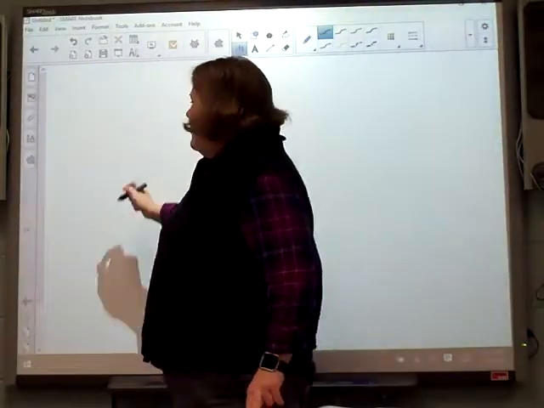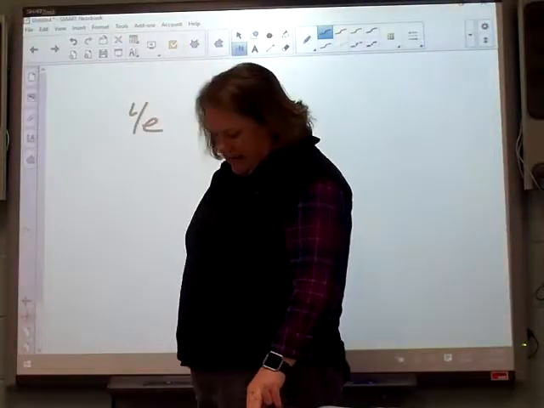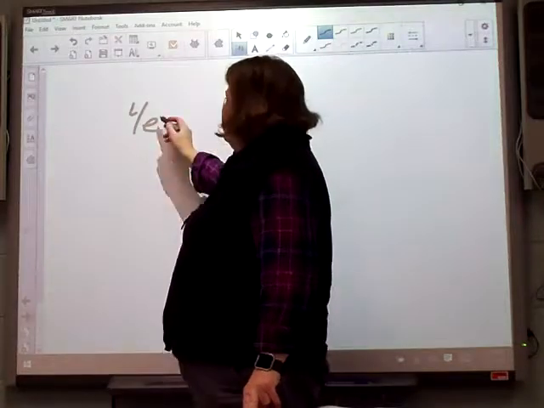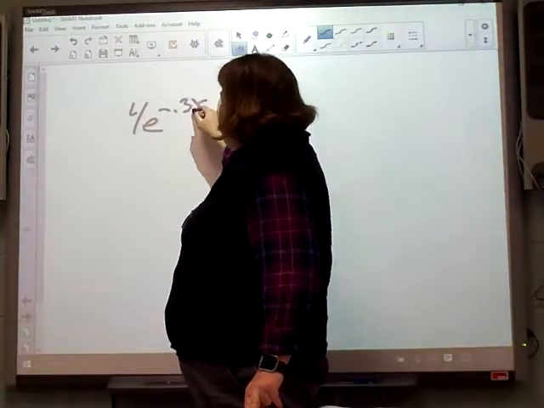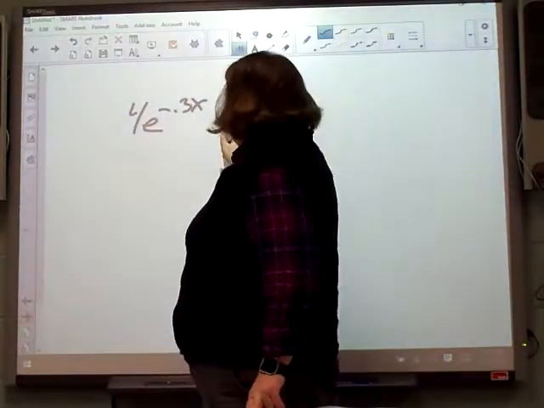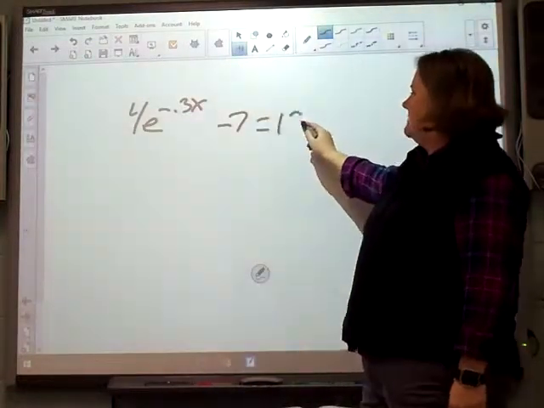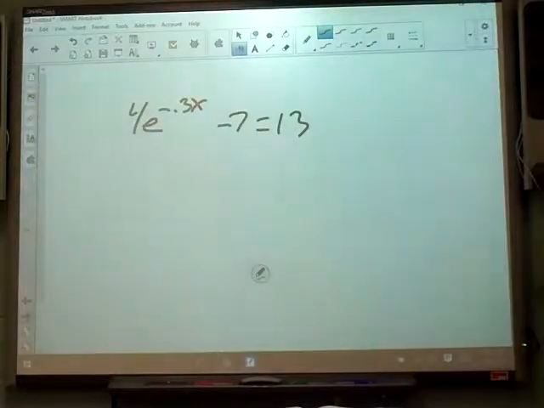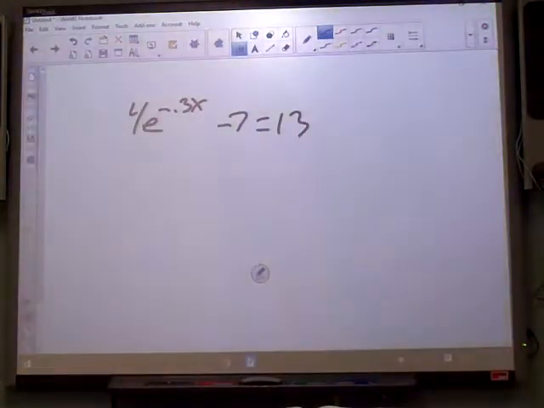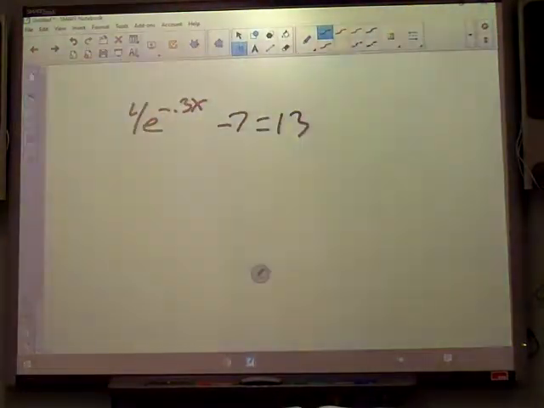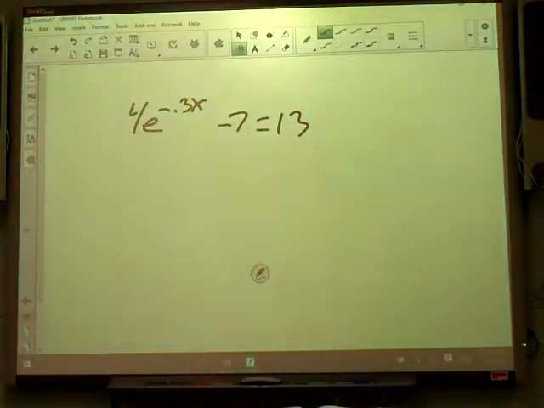This one says 4e, got to get our number e, to the negative 0.3x power, and then minus 7 is equal to 13. So it looks like there's a lot going on in this, but it's not very difficult. Just looking at it, your gut should tell you what to do first based on middle school. Steven's already got it. What do y'all think? Add 7.